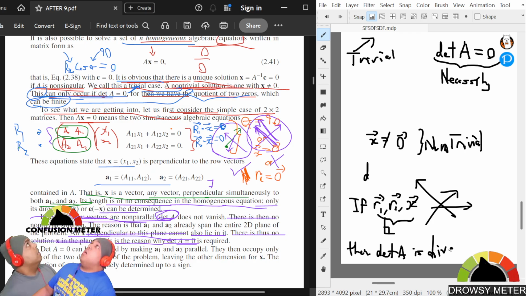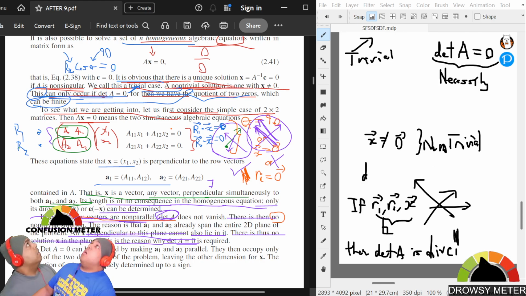Oh my god. There is then no non-trivial solution. Wait, what? There is then no non-trivial solution.